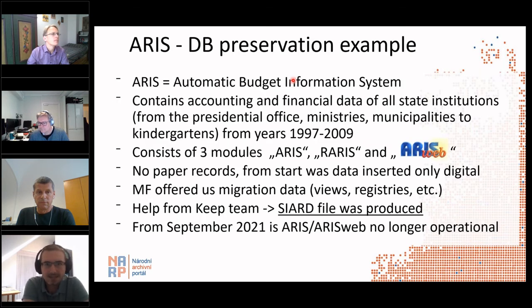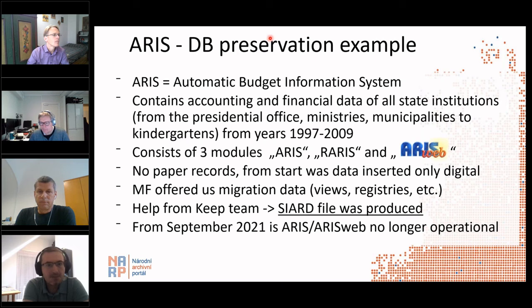And now it's the end of my theory, and I will start with our database preservation example. ARIS was an automatic budget information system. It contains accounting and financial data of all state institutions.